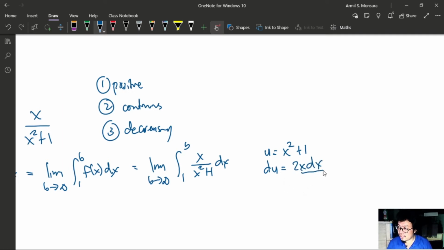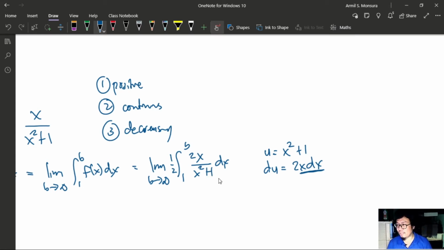This part of the differential is already here, that's x dx. And what is missing is this 2. So we can go around that by writing 2 here and then multiplying this by 1/2 so that this becomes 1 and we still have our original expression.